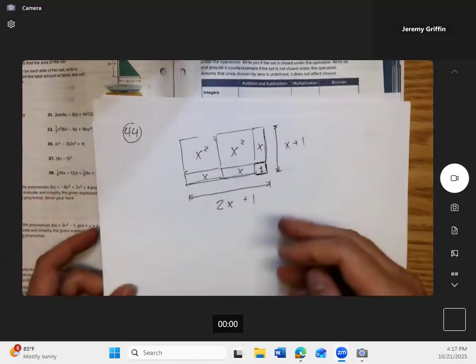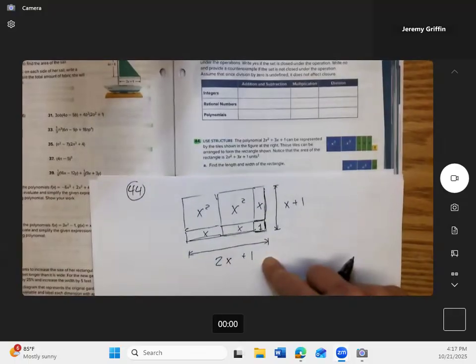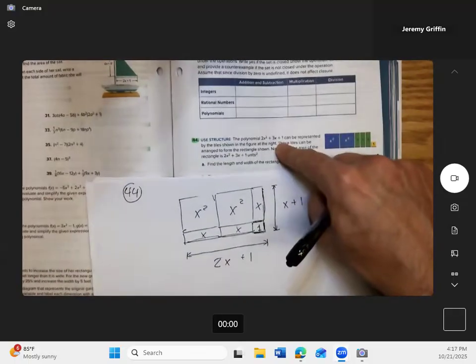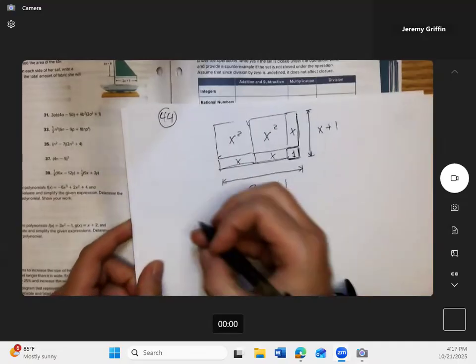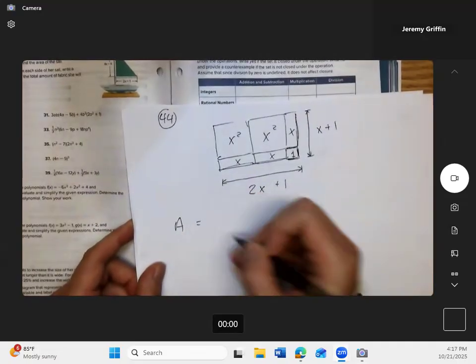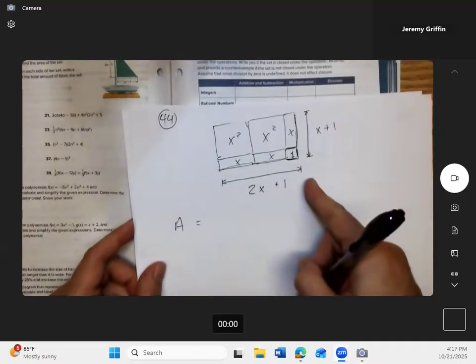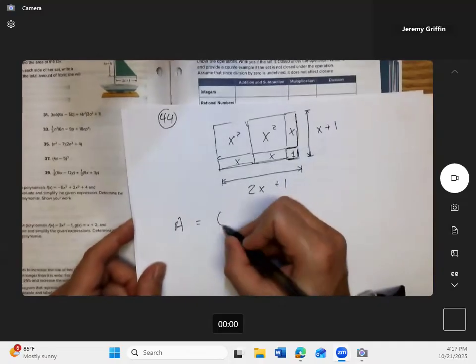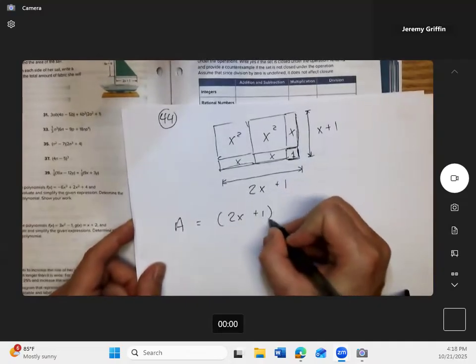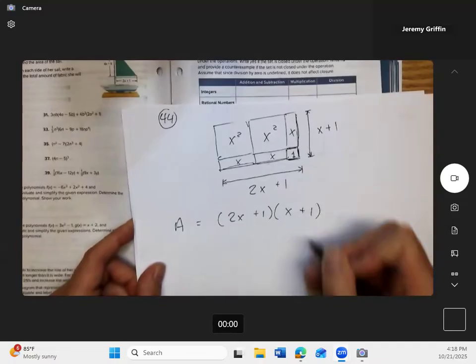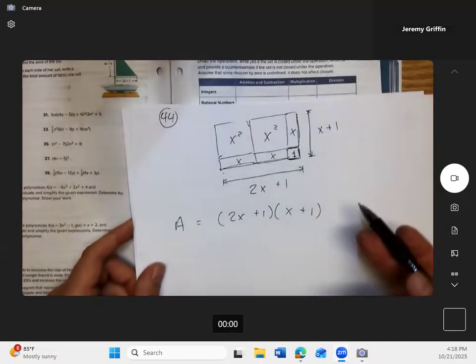Okay. Let me show you guys that this does give the same polynomial. Okay, so the area of this whole rectangle is this width times this height, which is 2x plus 1 times x plus 1, isn't it? Okay, this base times this height, area of rectangle.